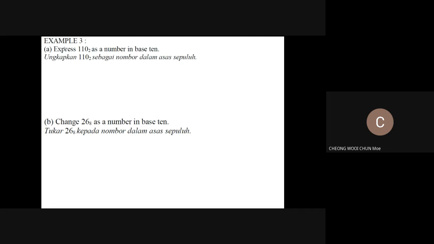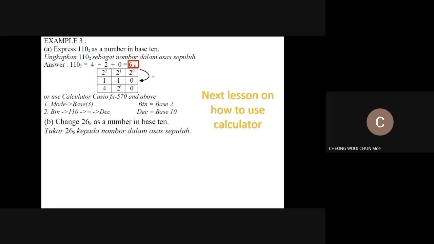Then example 3, express 110 base 2 to base 10. Now you want to express the whole thing, not the digit anymore. So let's say 110 base 2. Start with 2 power 0, 2 power 1, 2 power 2.